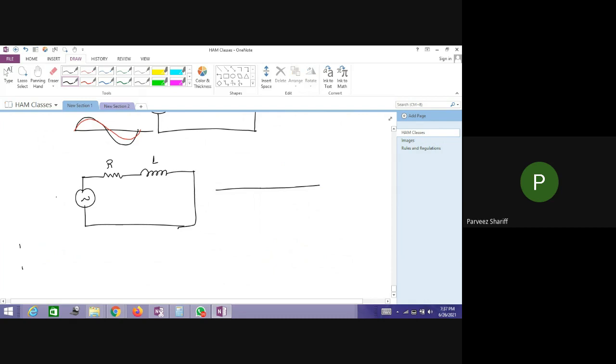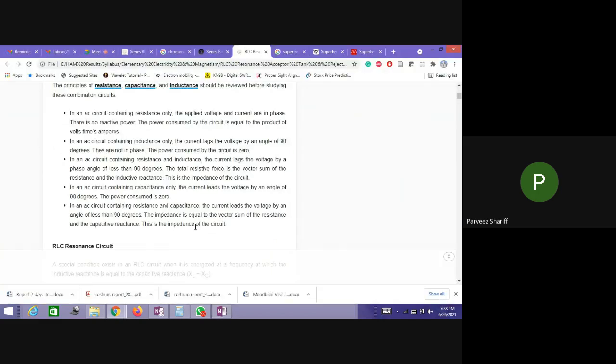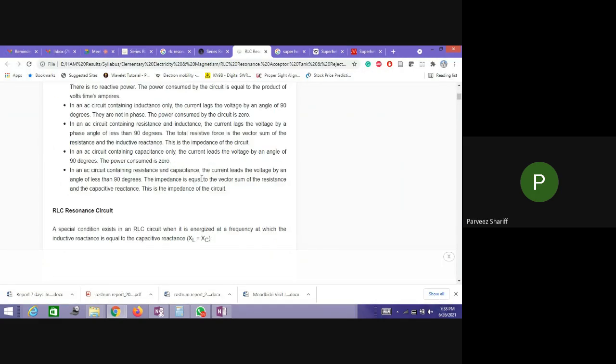Across the output, if we call this the voltage, then the current will be 90 degrees out of phase. So this shift will be minus 90-degree.